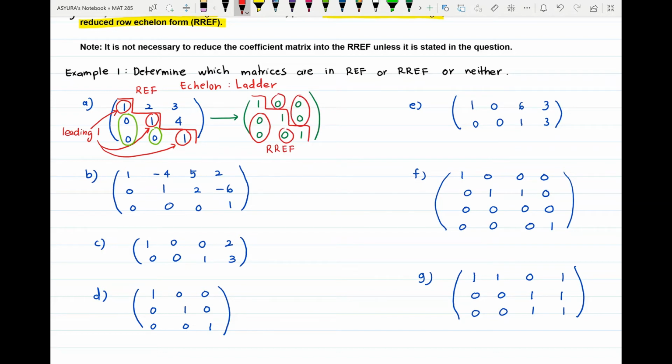That is for the first example. Next, the second example is also a row echelon form. Look here, we have a ladder.